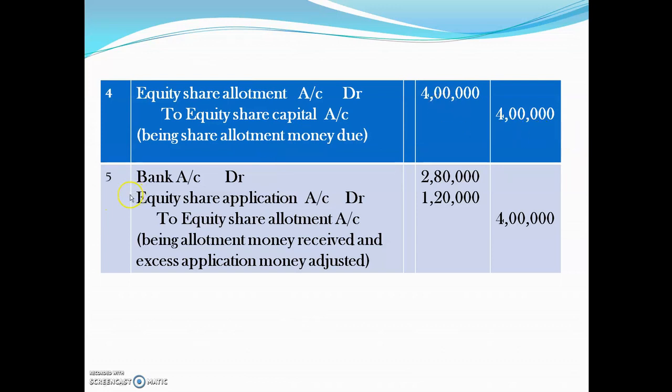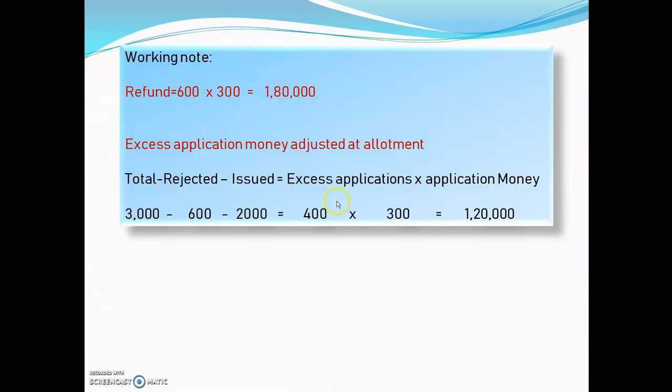And last, that is the combined entry: bank account debit, equity share application account debit to equity share allotment account, being allotment money received and excess application money adjusted. Here first we have to write the equity share allotment account amount, that is 4 lakh as given here. The whole 4 lakh we have to transfer here first. The second one is equity share application, and this amount is from the calculation we did: total minus rejected minus issued is equal to excess applications multiplied with application money, that is 1,20,000.